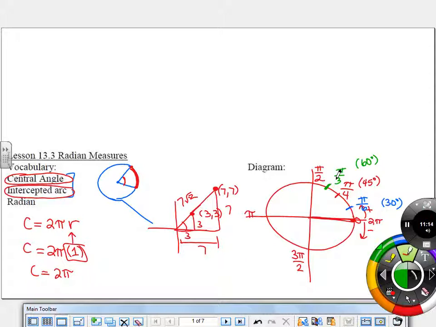But eventually, we're going to get comfortable enough with radians to recognize some patterns and know, oh, you know what? Anything that's like a 1/6 is some sort of 30-degree thing going on, and anything that's like a 1/4 is some sort of 45-degree thing, and anything that's a 1/3 is some sort of 60-degree thing, and all the halves and wholes are at the axis points. Okay? And we're just going to get used to that pattern.